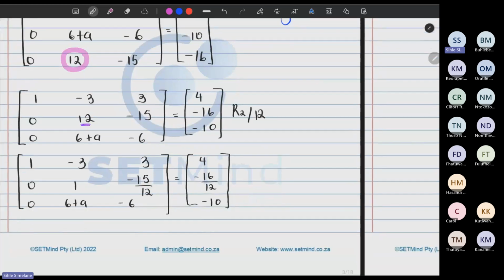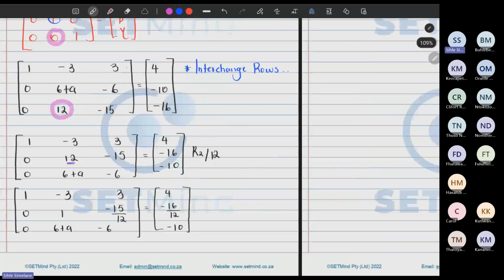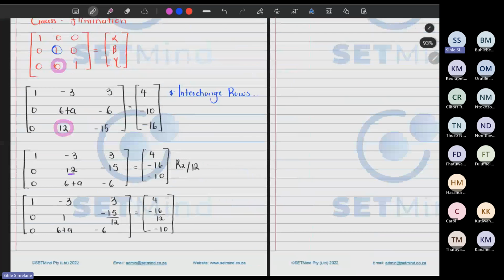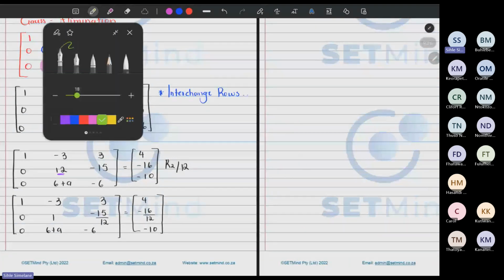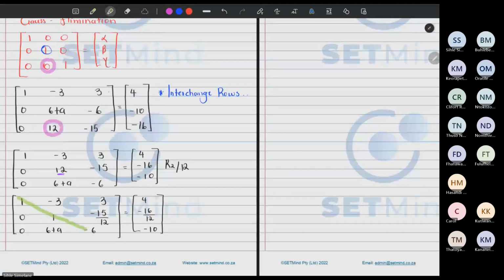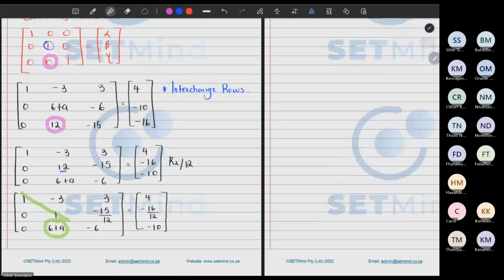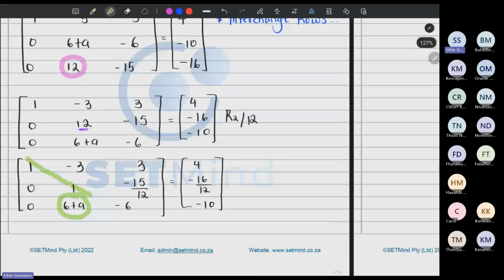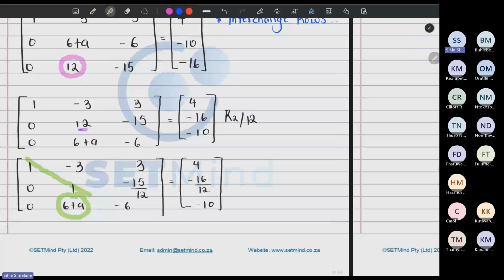Now we have the other one here, we are happy because now we are getting closer to what we are looking for. So we now have ones here. We are missing the other one. Now we need to make that a 0. How do we make that a 0? Because we don't want anything there. Anyone in the meeting, how do we make the 6 plus a a 0?